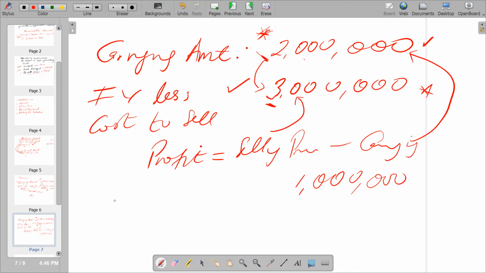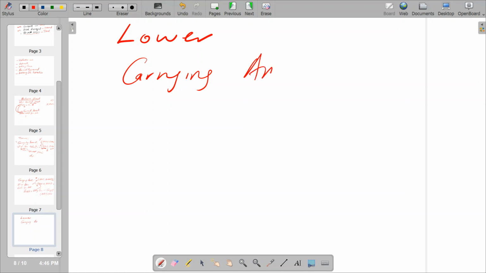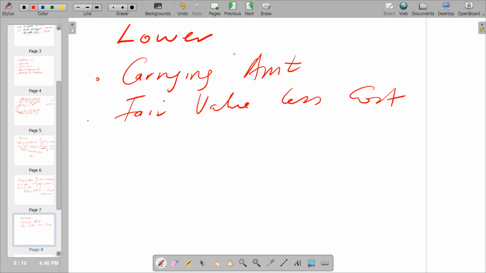So the standard says that when you are determining the carrying amount of assets held for sale, you have to pick the lower of the carrying amount and the fair value less cost to sell. So all the time you have to pick the lower.